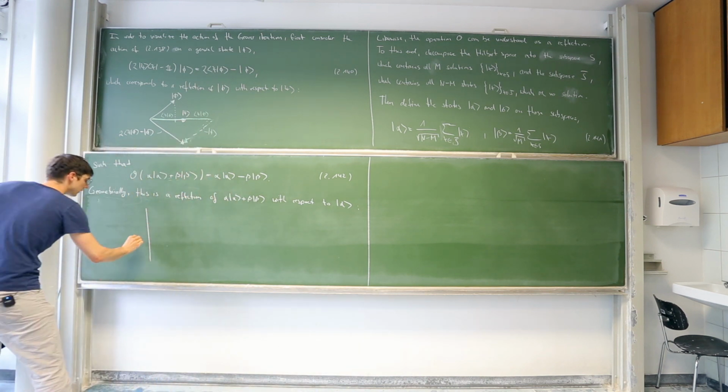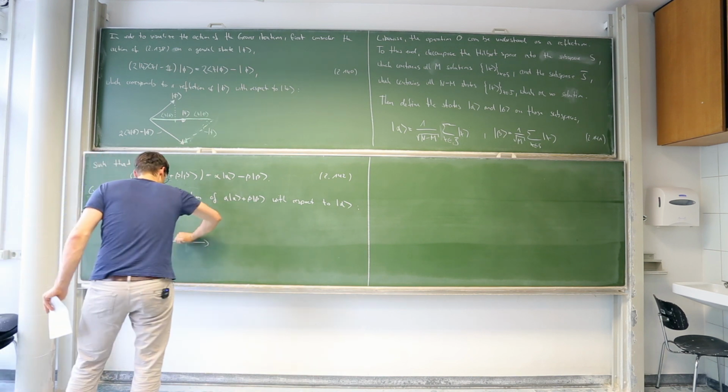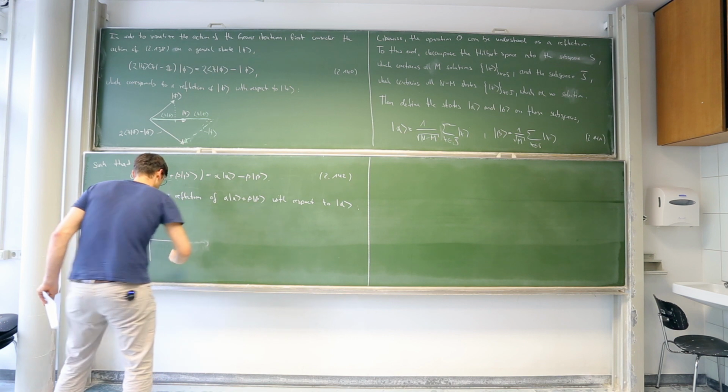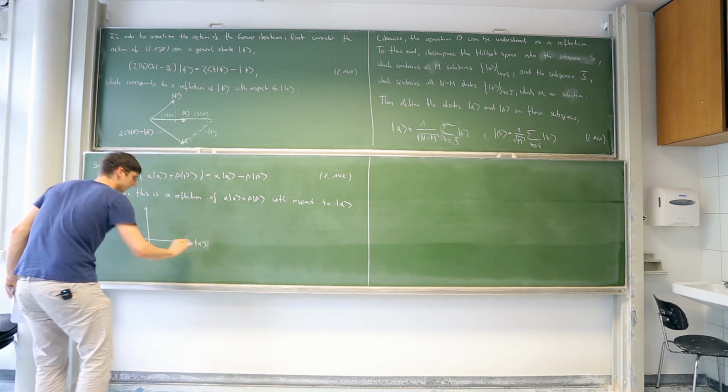So let's see this a bit shorter. Let's say this. So this is |α⟩ and this is |β⟩.